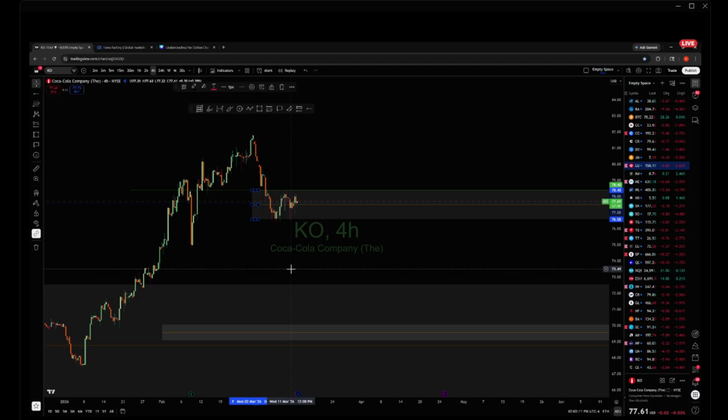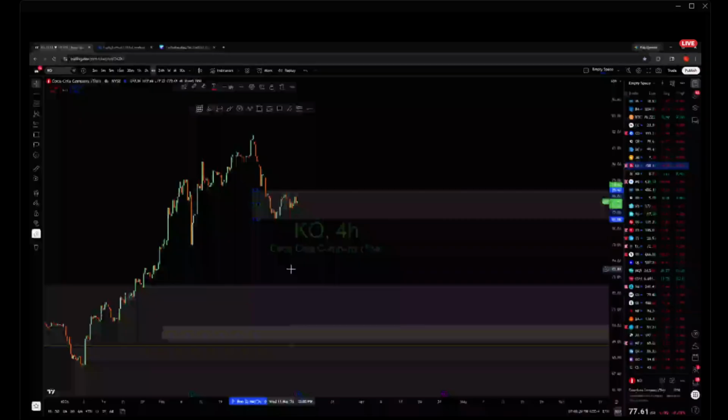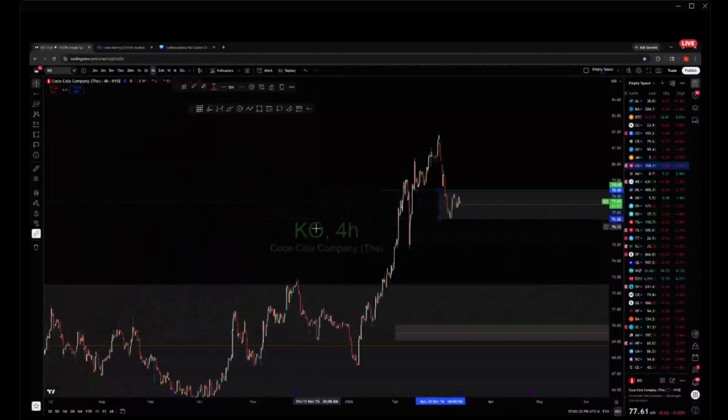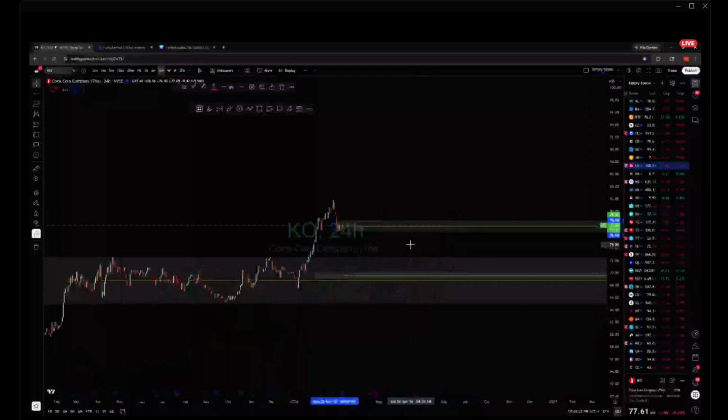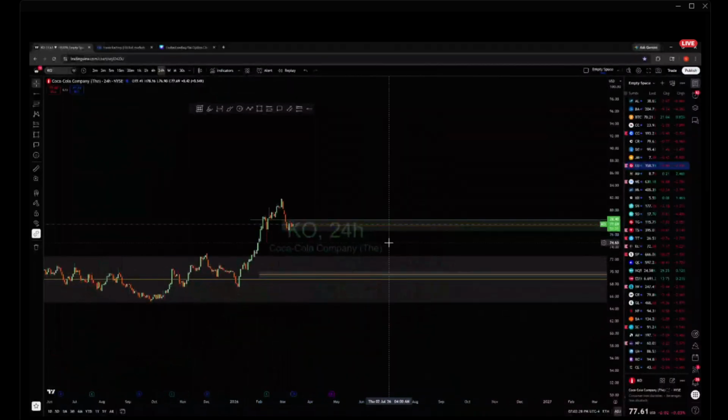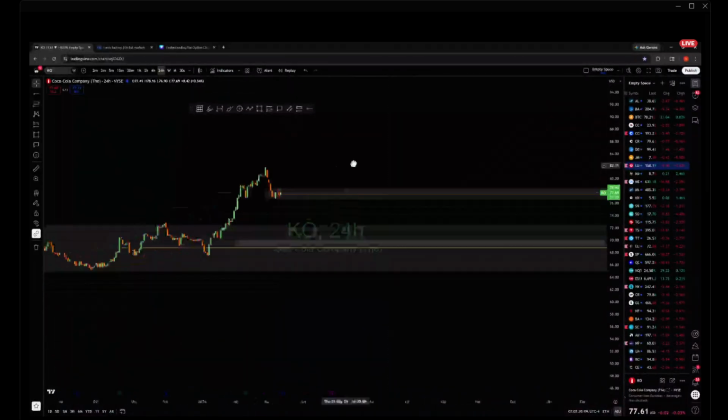However, something like today, you filled that empty space up and then immediately chopped to death. Now, Coca-Cola is not something that I ever consider to trade with anything other than a larger move in mind. Not to say that this thing can't pay, and it does actually.